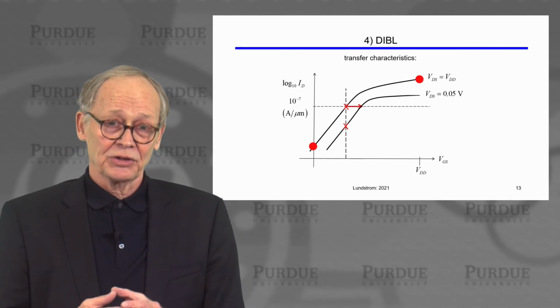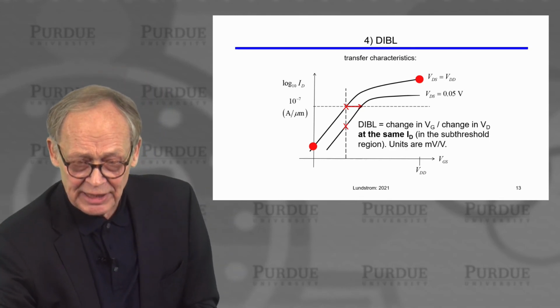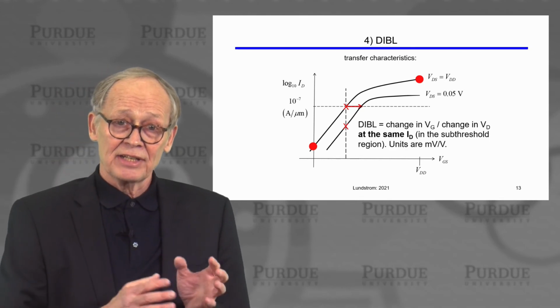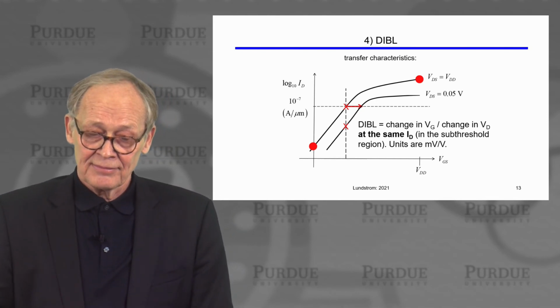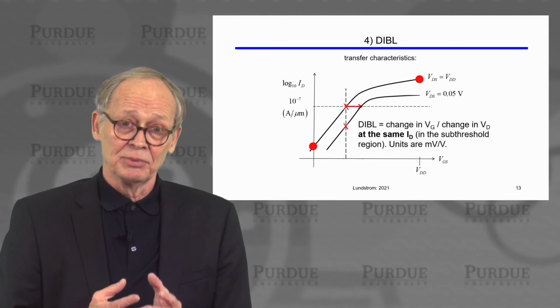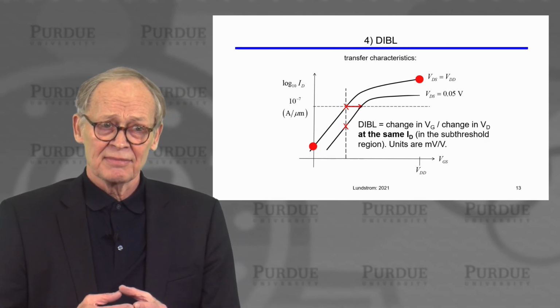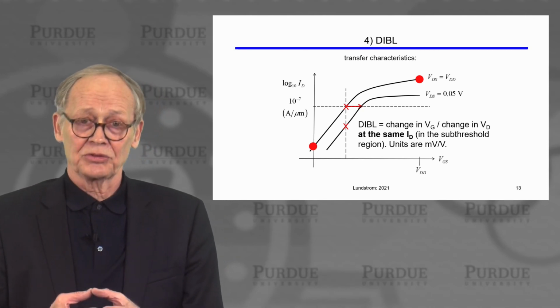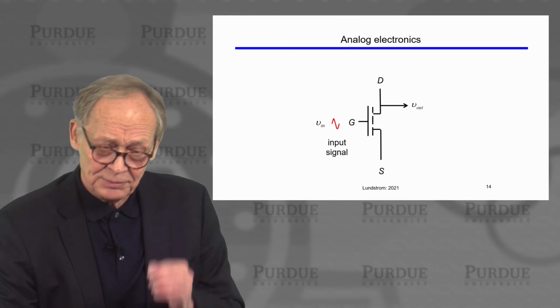We measure the horizontal translation of these two curves. At a fixed drain current, it's the change in gate voltage to give us that same drain current, and we measure the DIBL in millivolts of gate voltage per volt on the drain, the difference in the drain voltage. So that's DIBL.